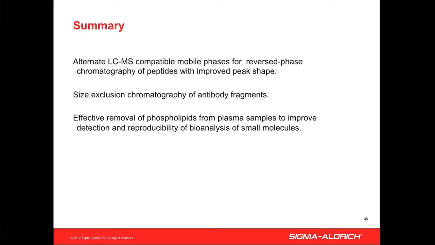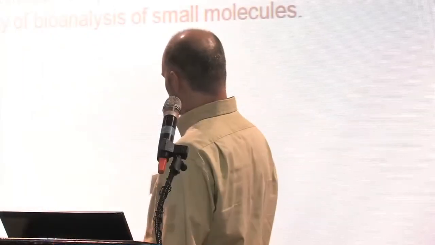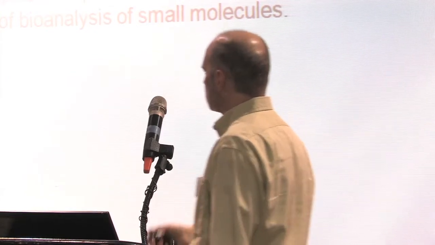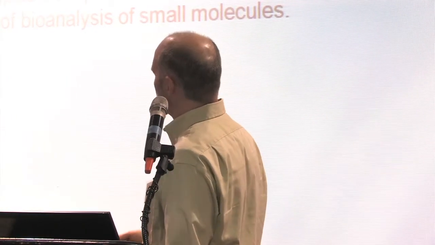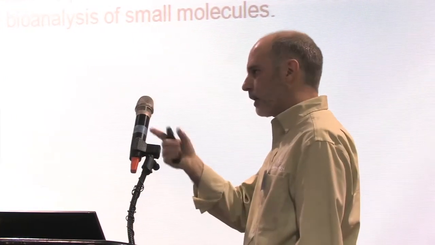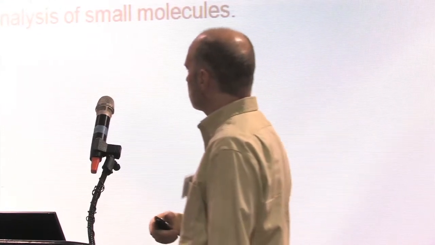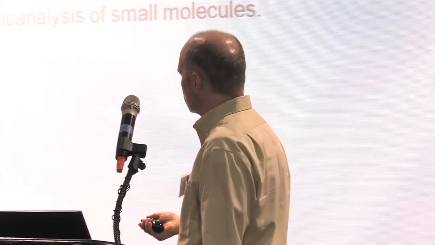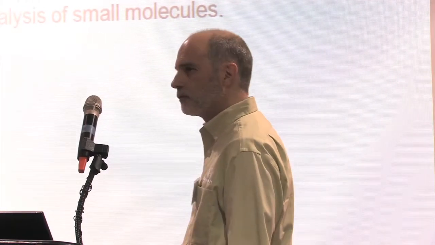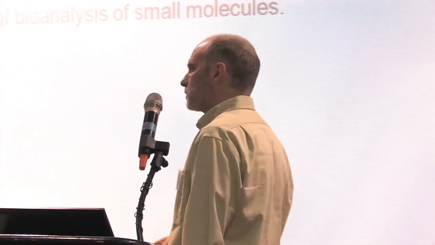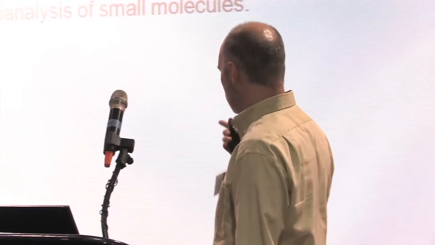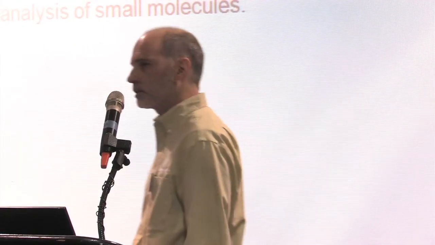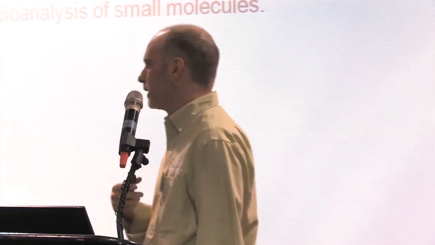So this is an effective way for assessing the digestion of antibodies, as well as possibly some small-scale purification, especially maybe perhaps we have some folks that are doing this in a 2D arrangement with reverse phase chromatography. And then we looked at effective removal of phospholipids from biological plasma matrix as an effective way to reduce matrix interference for LCMS in the MS source.